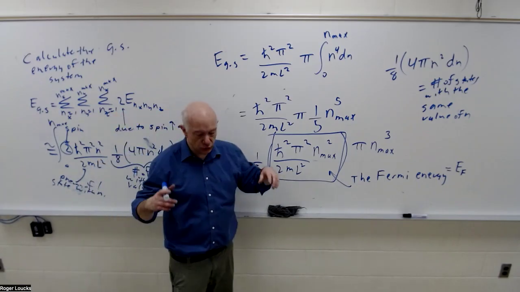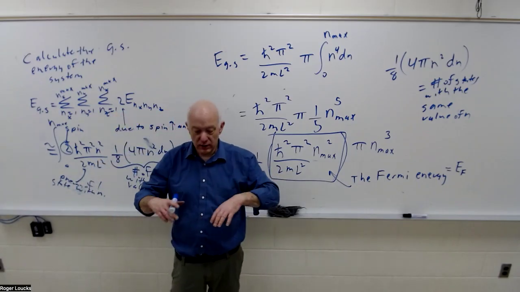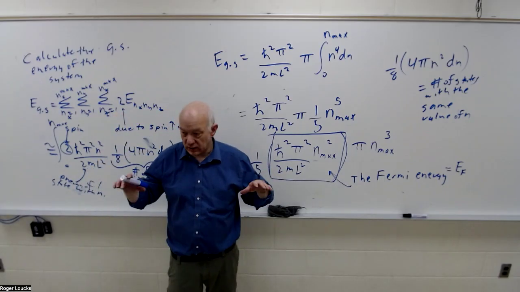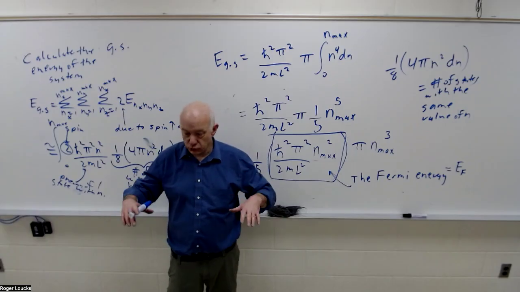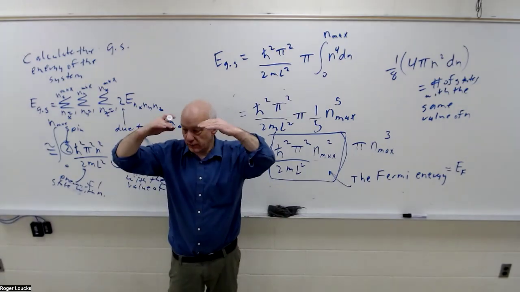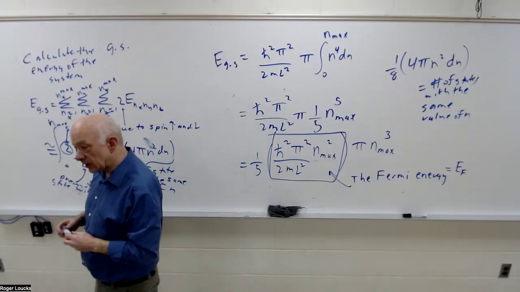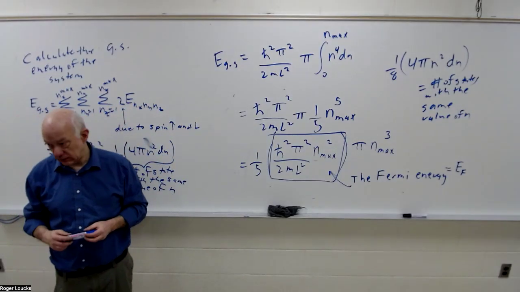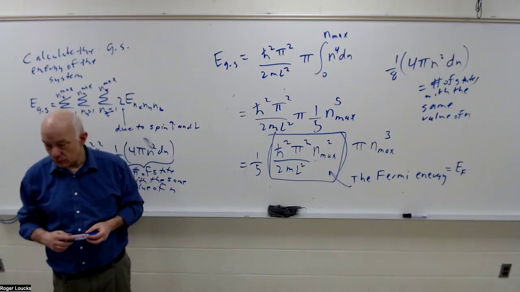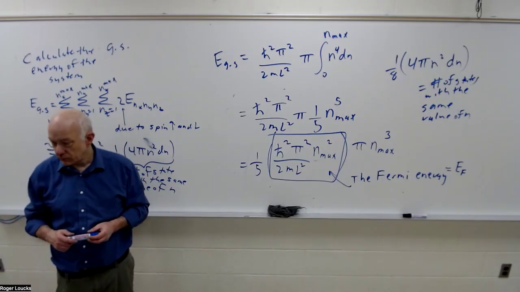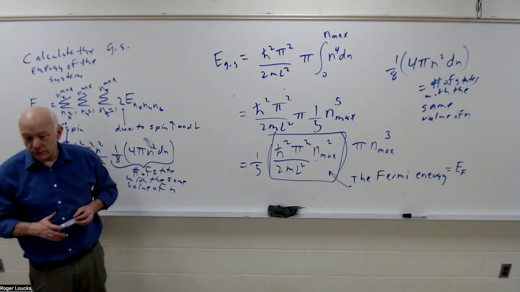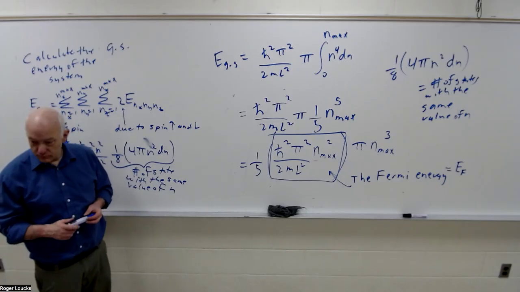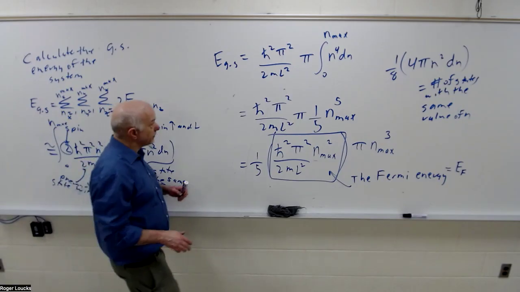So it turns out that the Fermi energy has a beautiful meaning when the temperature equals 0. When the temperature is 0, it is your maximum energy level that the electrons or fermions can go to. When the temperature is not equal to 0, it gets a little more murky. Don't worry about that yet. Okay, so I can rewrite this.